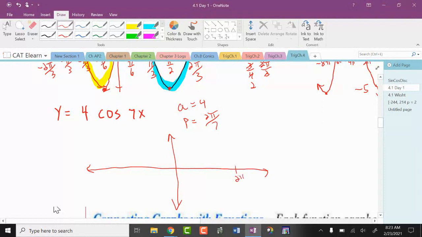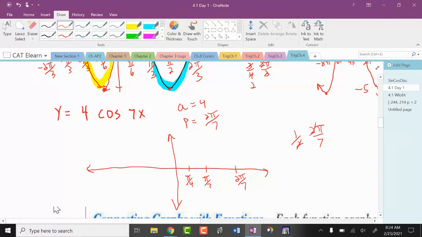No time, Mr. Samuels. Okay, what is half of 2 pi over 7? Pi over 7. I'm not writing it off to the side. What is half of pi over 7? Pi over 14.